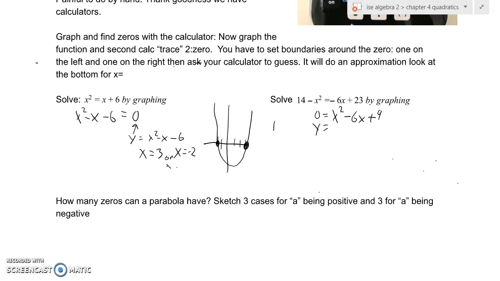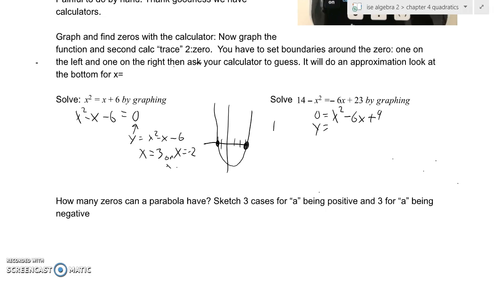So now I'm going to plug that into my graphing calculator. Y equals x squared minus 6x plus 9. We're going to graph it. That takes a minute, so you have to wait for your calculator to graph it for you. It looks like there's one place where it might cross the x-axis, and so we're going to do the same thing we did last time.